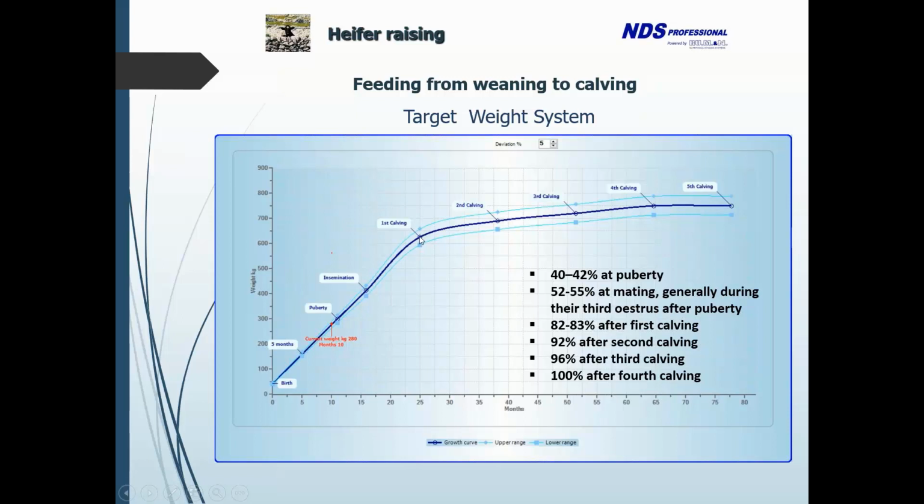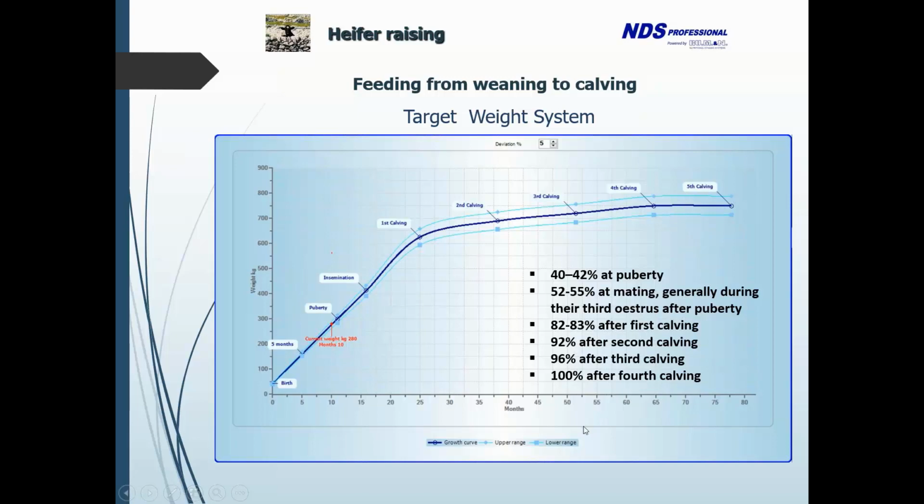We are here, basically. Then 92% at second calving, 96% at third calving, so that we can reach the maturity.